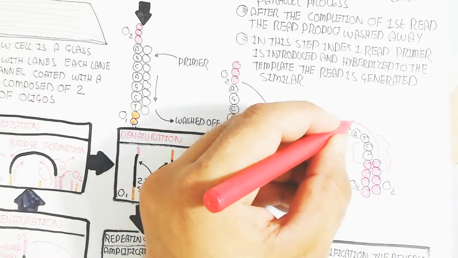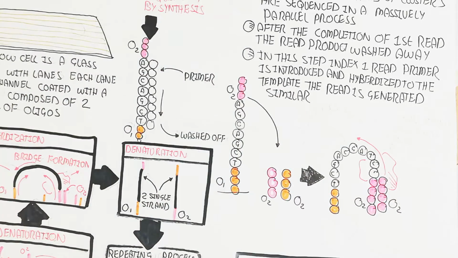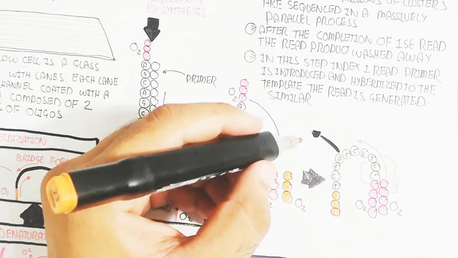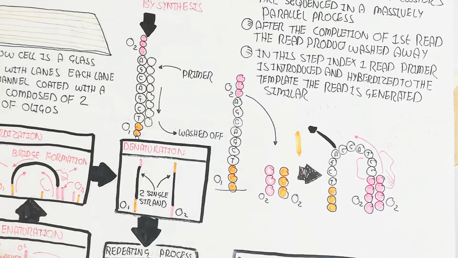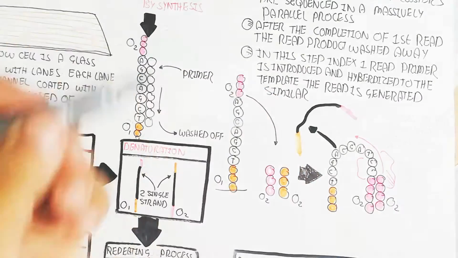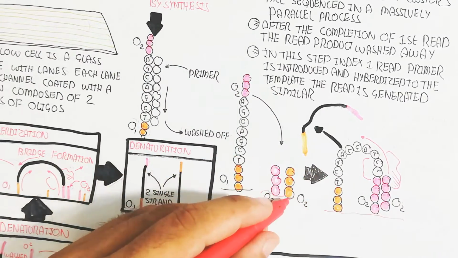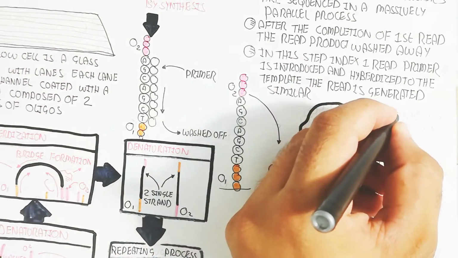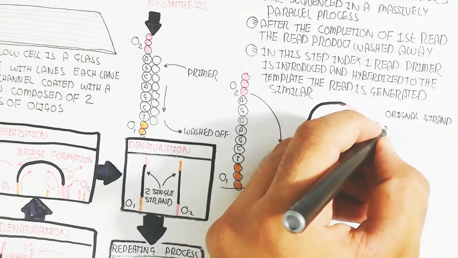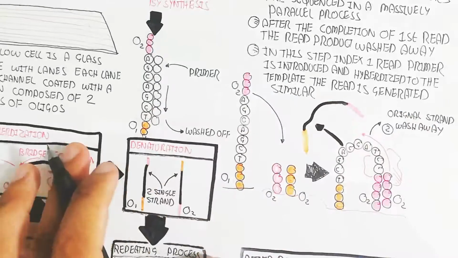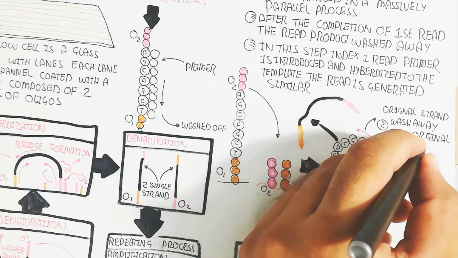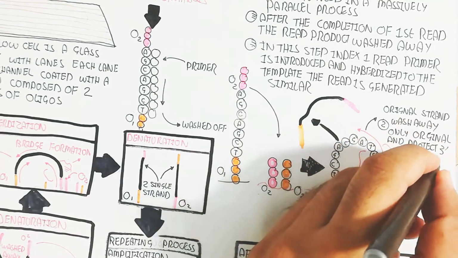And in this way you can understand again, this is oligo 2 and oligo 1, but oligo 2 will bind toward oligo 2. Then polymerase enzyme number 1 will synthesize the new strand, and the original strand is washed away, with only the original protected at the 3 prime end.